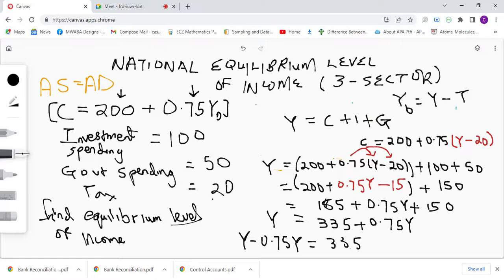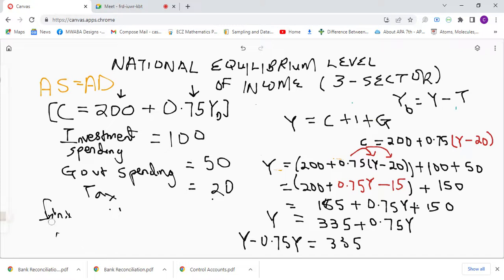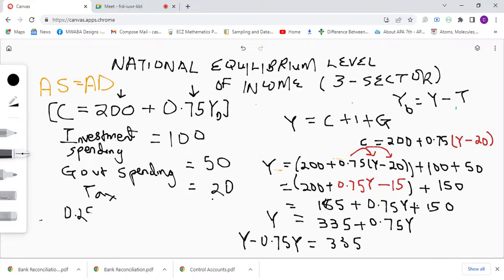Let me make some space over here. So Y minus 0.75y, you get 0.25y. 0.25y equals 335.